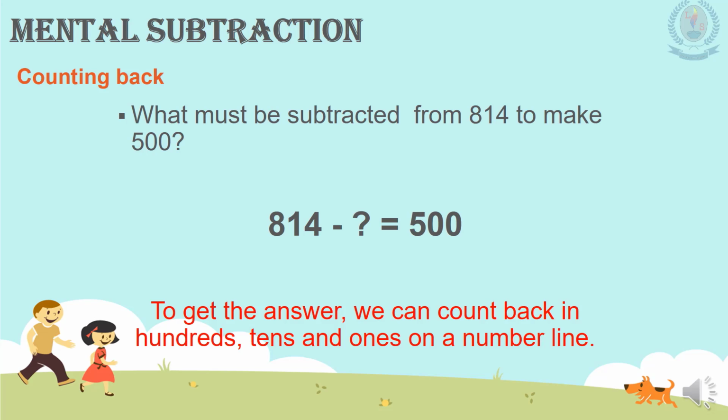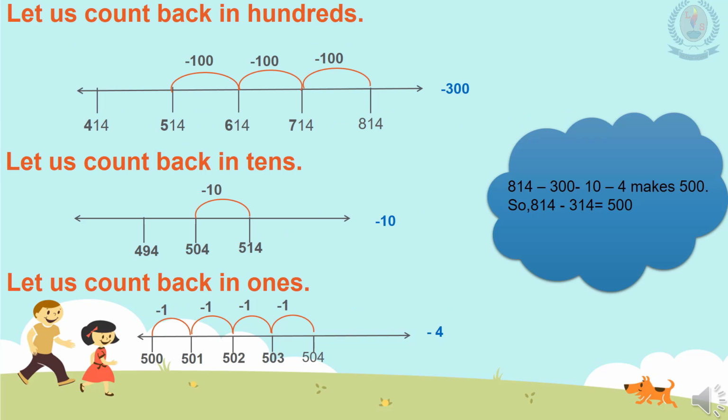What must be subtracted from 814 to make 500? Let's find the answer. As we did earlier, to get the answer, we have to count back in hundreds, tens and ones on a number line.